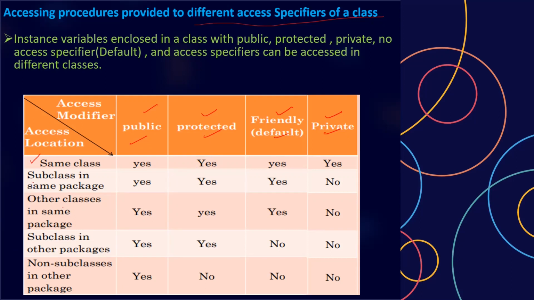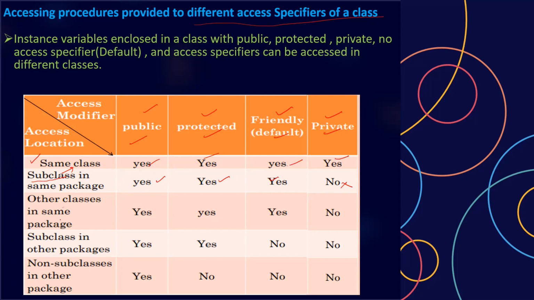What is meant by this subclass? Inheritance, right? In the same package you have created a class which is a subclass. In that, public will be accessed, protected will be accessed, default will be accessed, and private is not accessed. Whereas in the same class, public, protected, default and private, all these are valid.